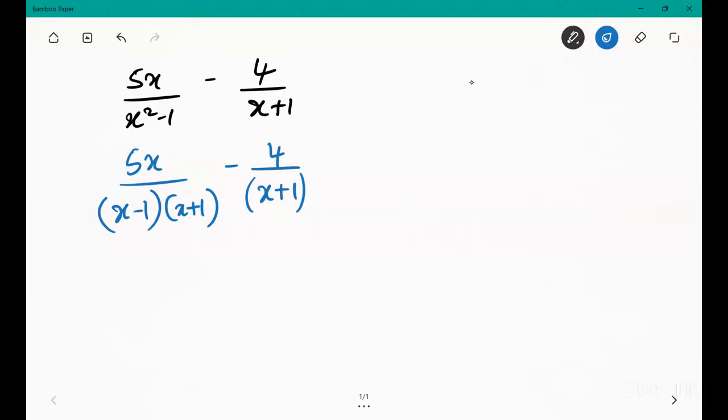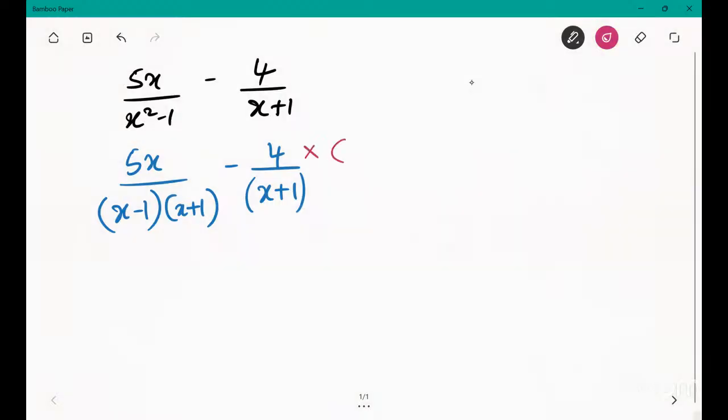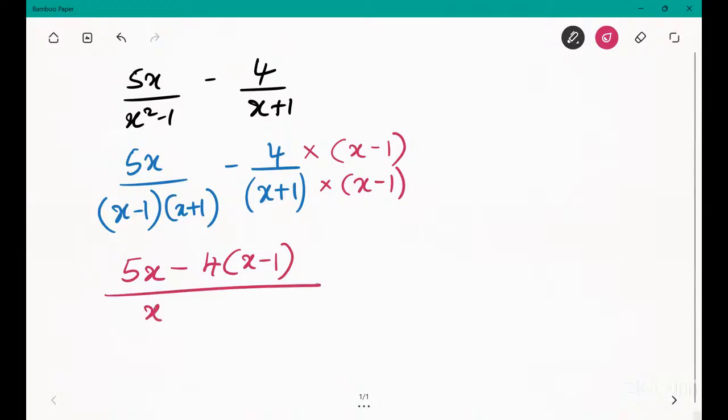What's common for me is x minus 1, x plus 1. The only thing missing here is x minus 1. So I'll multiply up and down by x minus 1. Then I will get 5x minus 4 times x minus 1 over x minus 1, x plus 1.